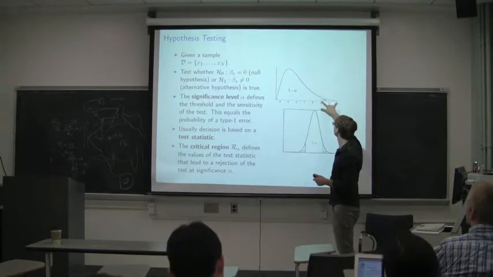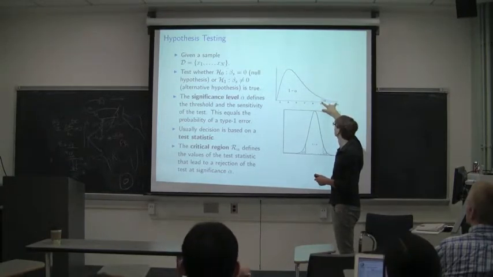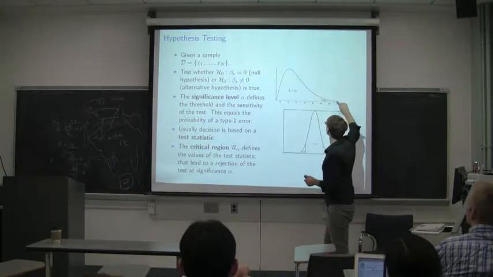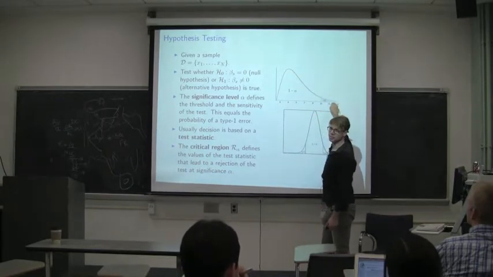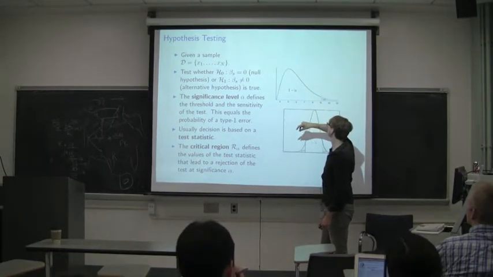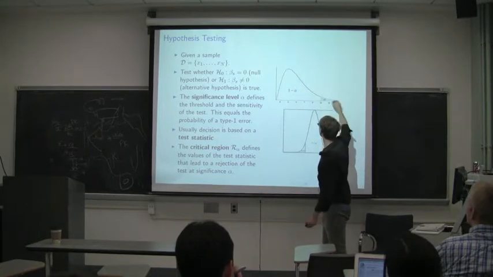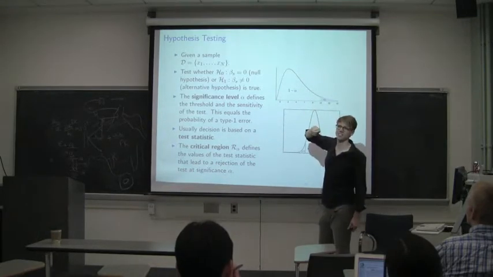So it's the probability of observing something in here, which is basically this area over this area, right? So it's a probability. If you just throw random things into this area, it's the probability of landing here.